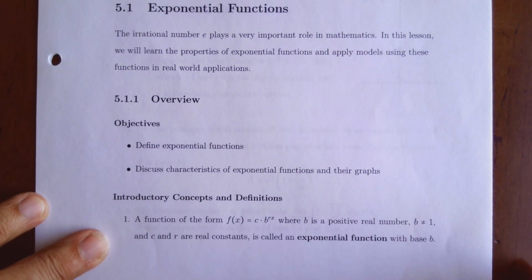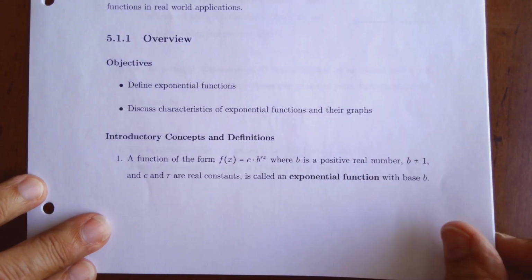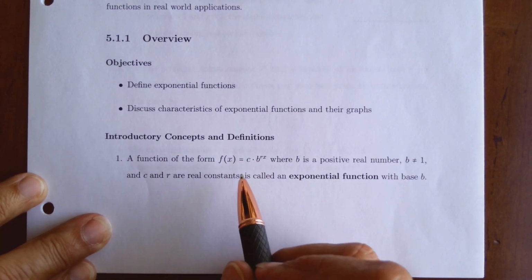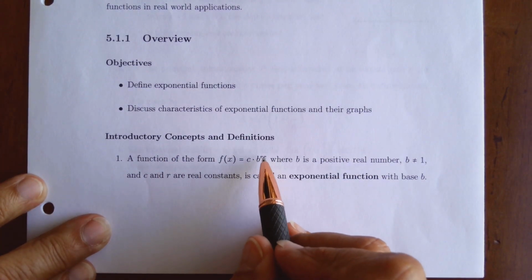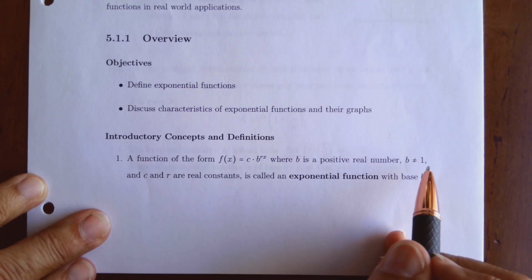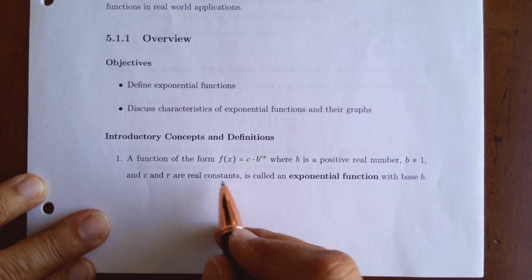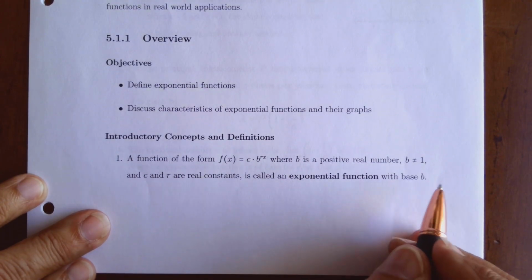It's not a variable. Okay, so today we're going to define exponential functions. We're going to talk about the characteristics of it, and then we're going to apply it and solve some problems. Okay, so first definition is that a function of the form f of x equals c times b to the rx, where b is a positive real number not equal to 1, and c and r are real constants. That's called an exponential function with base b.